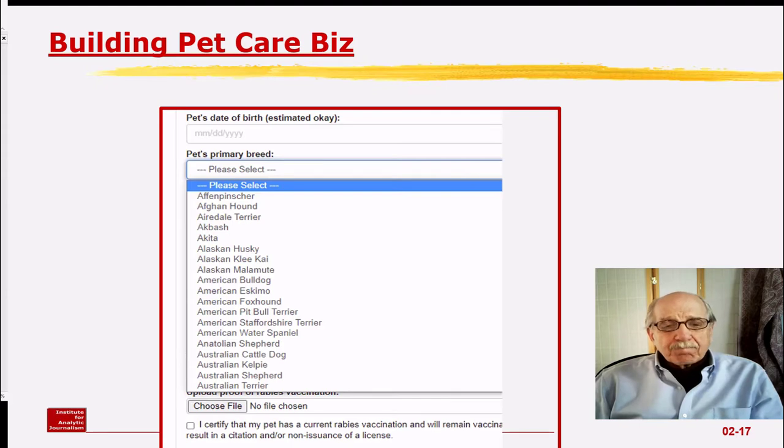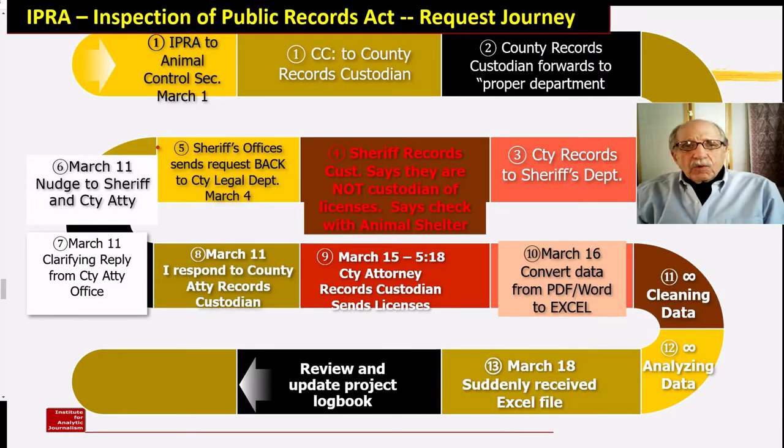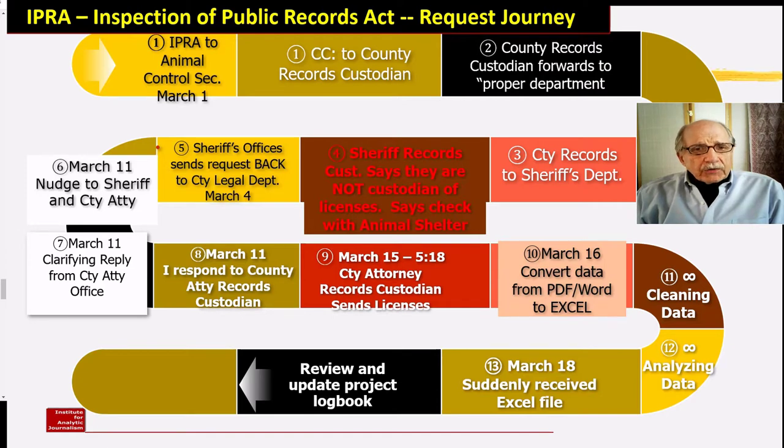Okay, you say, show us that license data. I will, but first let me walk through what it takes to get that data. Recall that I discussed both the Federal Freedom of Information Act and the New Mexico state equivalent, the Inspection of Public Records Act, which we were told to use in the previous session to get building permits. Here's what it took successfully to get the pet license data.